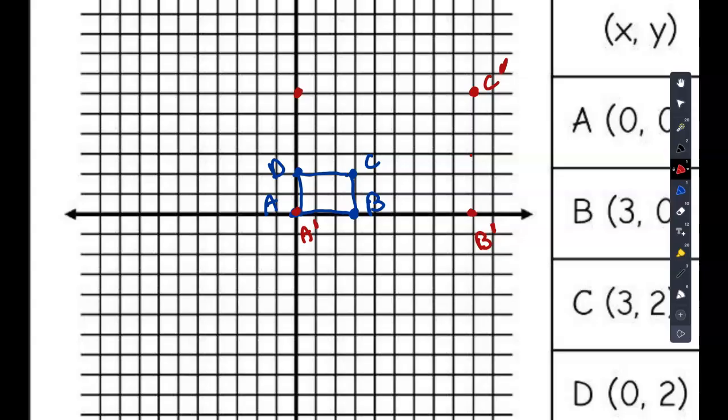And that is D prime. And I'm going to connect my dots.